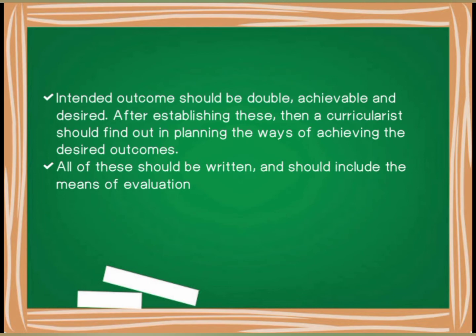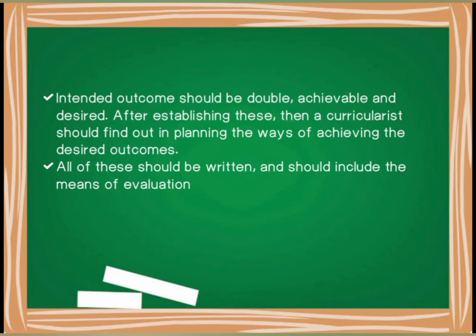After establishing this, a curricularist should find out in planning the ways of achieving the desired outcomes. These are the ways and means, and the strategies, including the identification of support materials. All of these should be written and should include the means of evaluation. An example of a curriculum plan is a lesson plan. It is a written document.